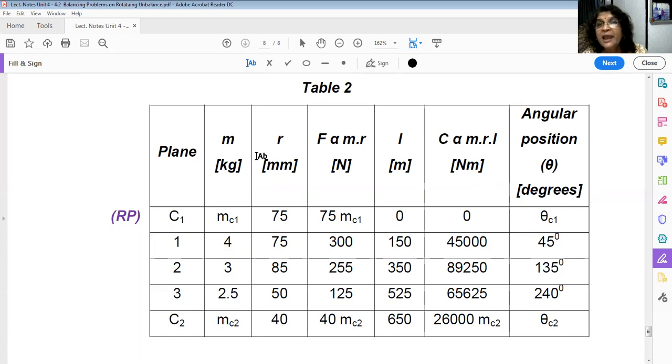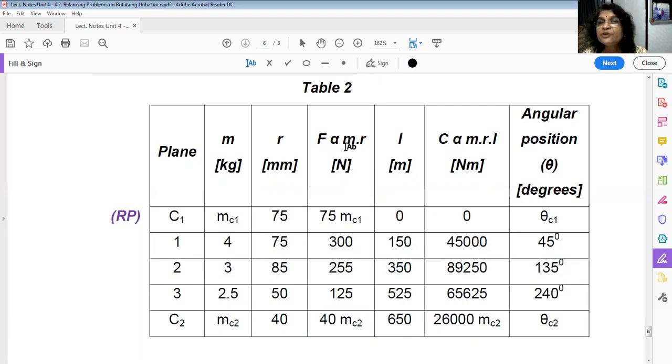Okay. Then this third column represent eccentricity, that is R, radius. Okay, that is in mm. So that is all radii are given for all these masses. Okay. The fourth column is force. Now force is equal to actually m r omega square. But as I told you, we don't consider omega square because that is going to be cancelled out every time because we are considering the equivalent. Okay.